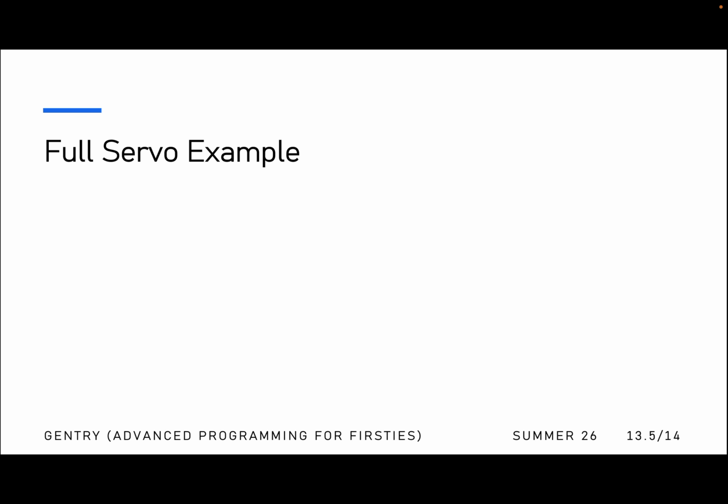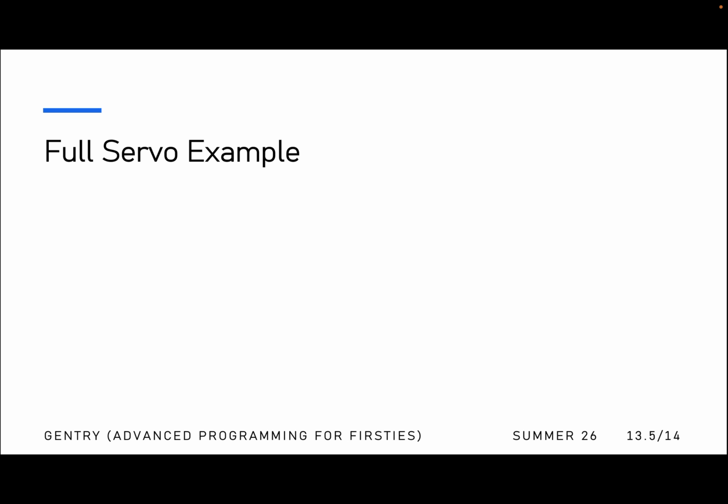So moving on to a full servo example, we can go through and we'll just write this one out. But typically what I like to do is define an enum class, ServoState, and we'll just say open or closed. So then we'll define an initial state.